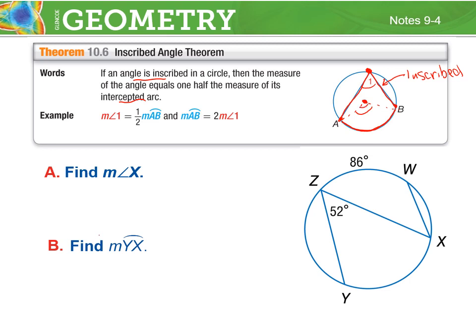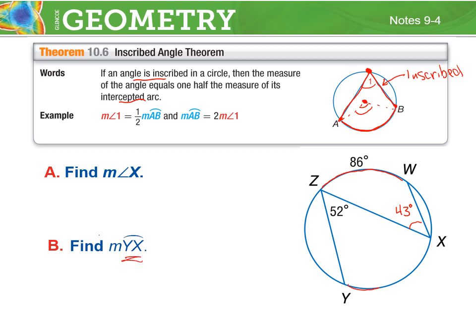For the example here, find the measure of angle x. Here's the intercepted arc, here's the inscribed angle. So 86 divided by 2 is 43 degrees. And then the measure of arc xy.